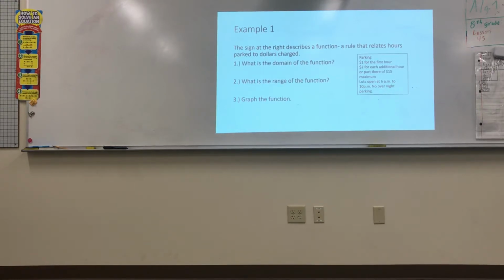So in this case, $1 for the first hour, $2 for each additional hour parked there. So you can only have up to a maximum of $15. Lots open at 6 a.m. to 10 p.m. No overnight parking.